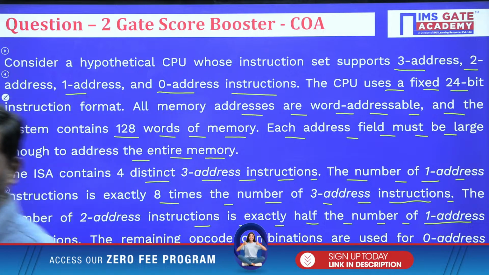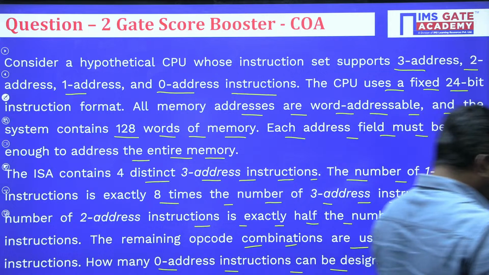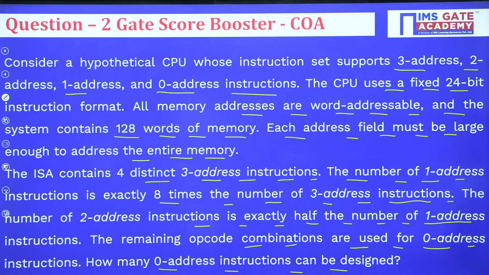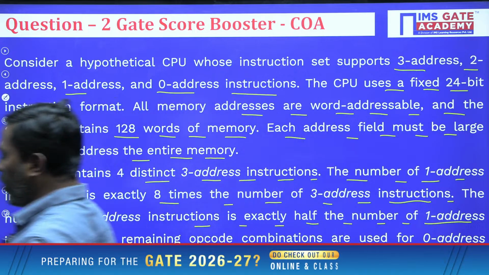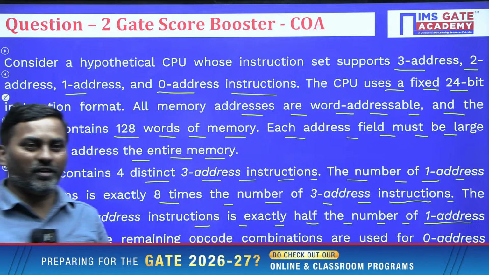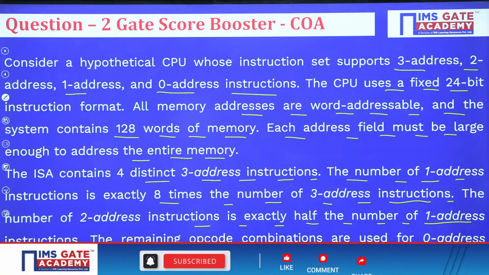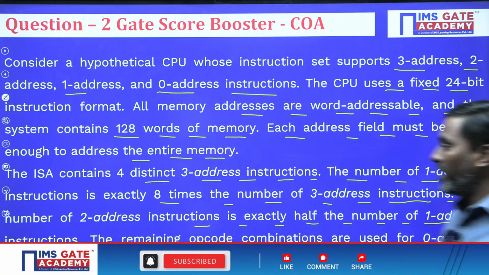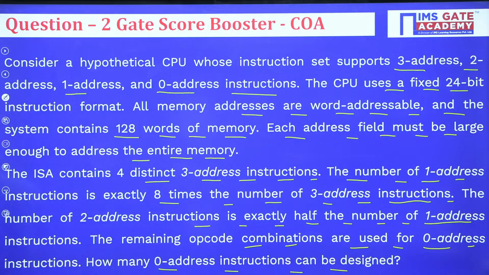The operands are memory operands only. Memory size is given, 128 words. The number of instructions in each category is also given. The question asks how many 0 address instructions can be encoded from this architecture. Attempt.